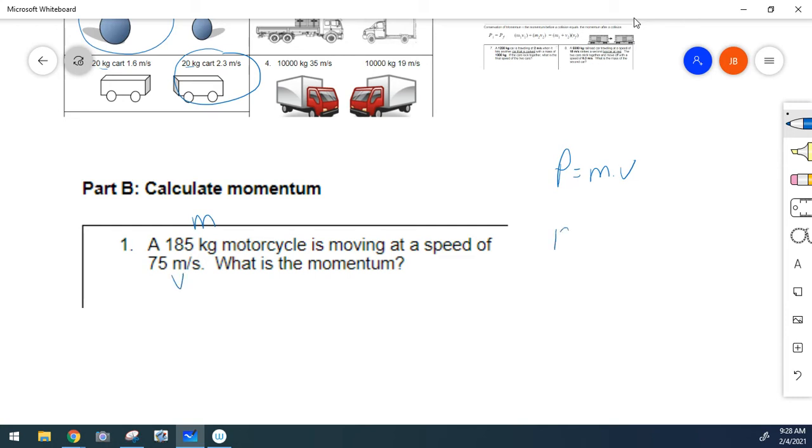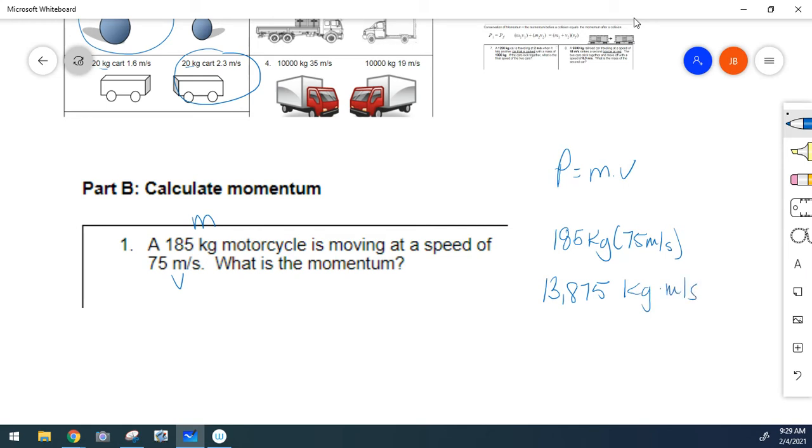So we're going to say 185 kilograms times 75 meters per second. And then let me grab a calculator because I can't do that one in my head. 185 times 75 equals 13,875 kilograms times meters per second.